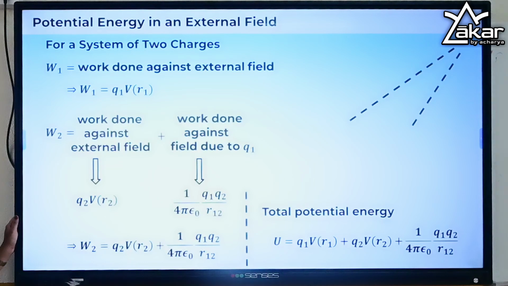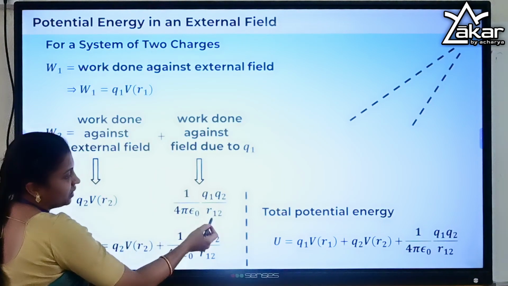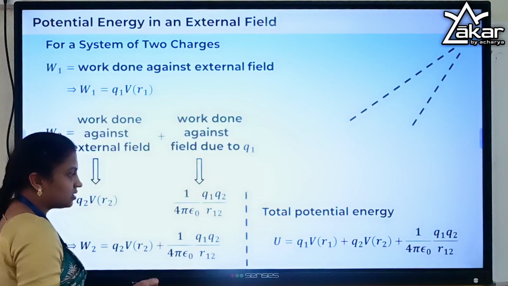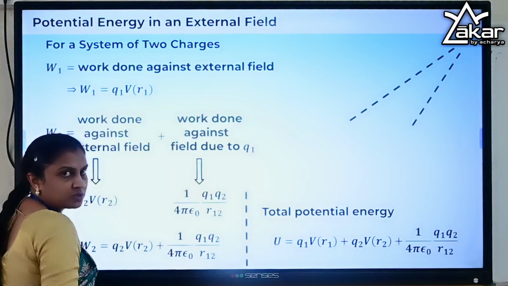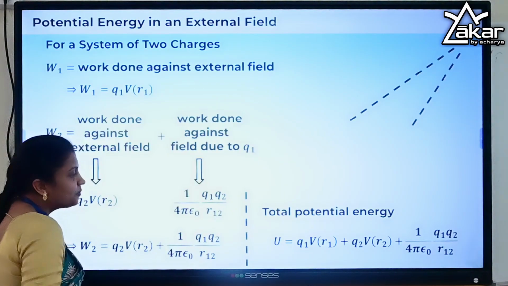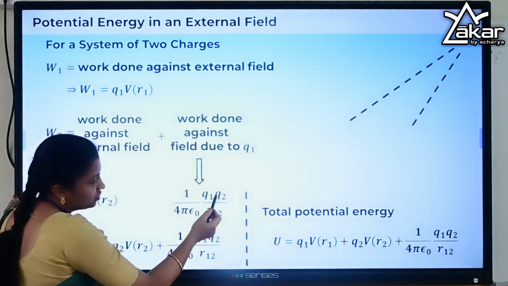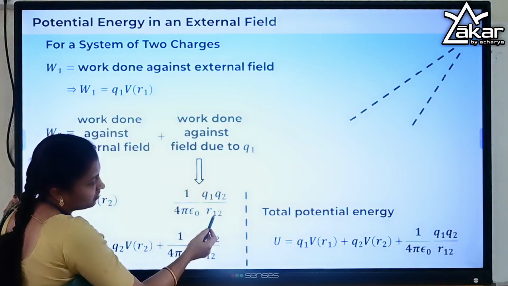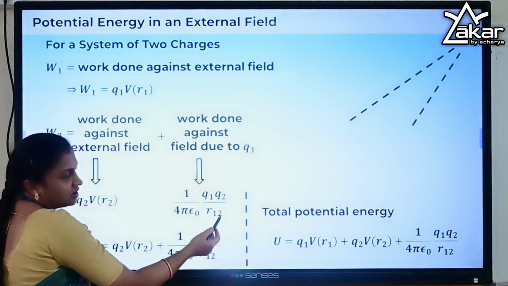We know the potential formula, that is 1 by 4 pi epsilon naught Q1 Q2 by R. Here the charge is taken from point 2 to point 1, so the distance is R12.